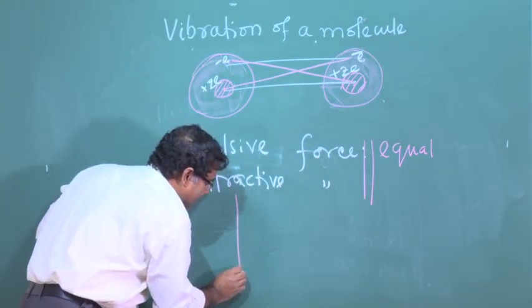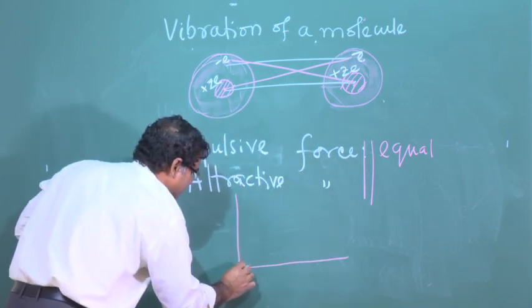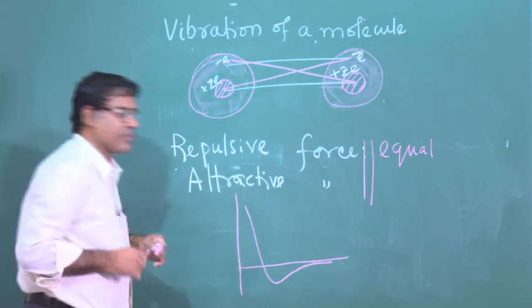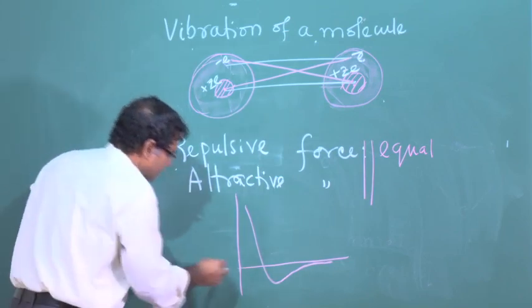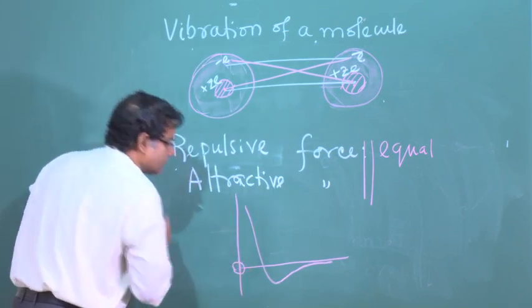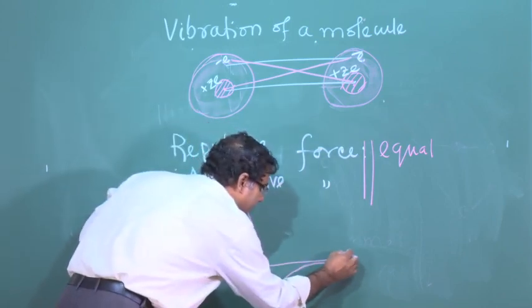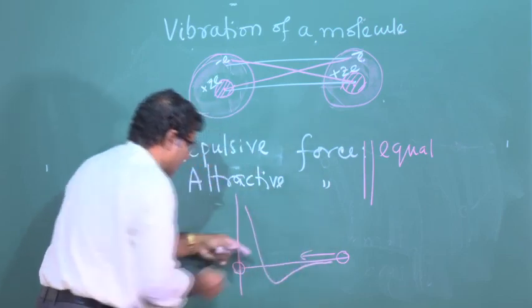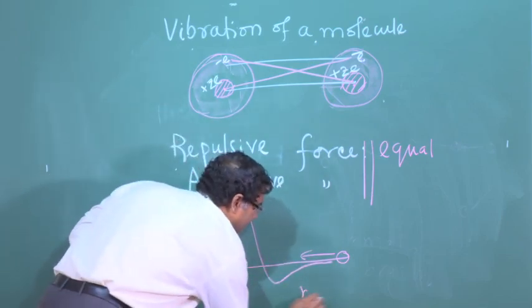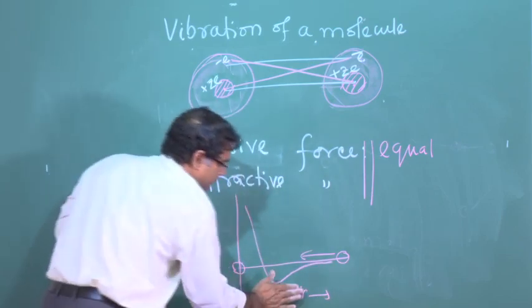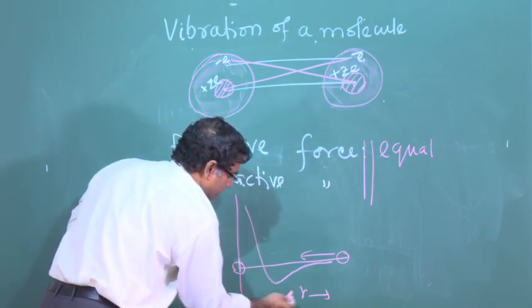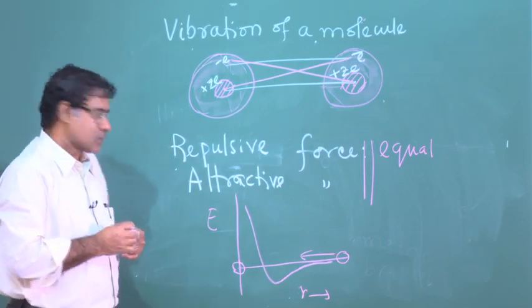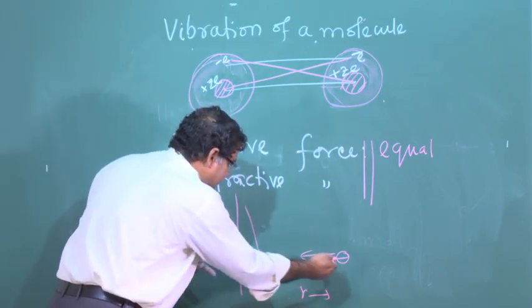So, generally this energy curve varies like this. If here is one molecule and another molecule you are bringing towards this, this is R and this is the energy. The energy changes like this.